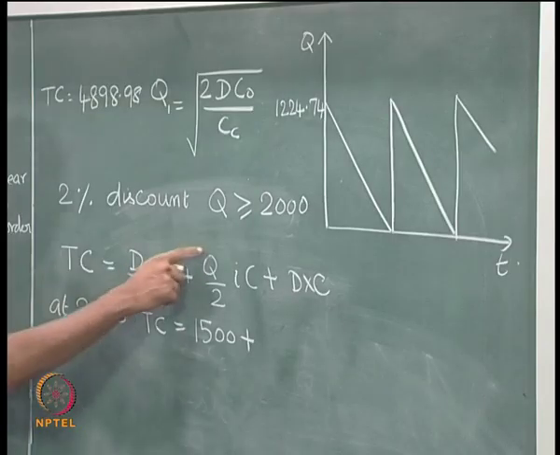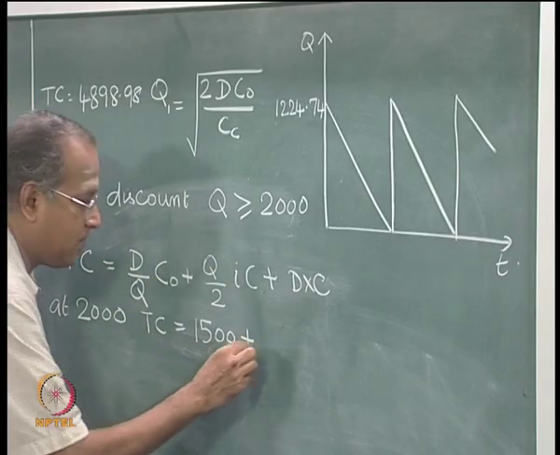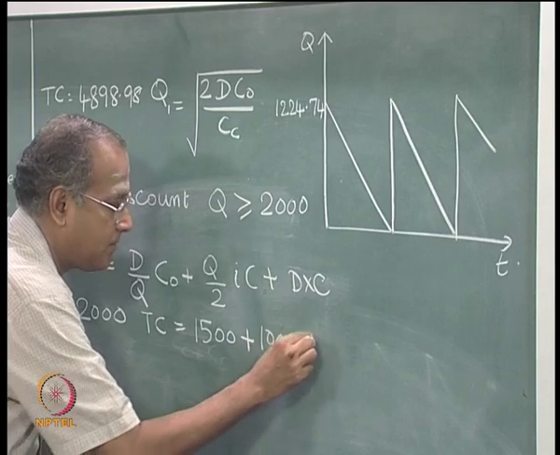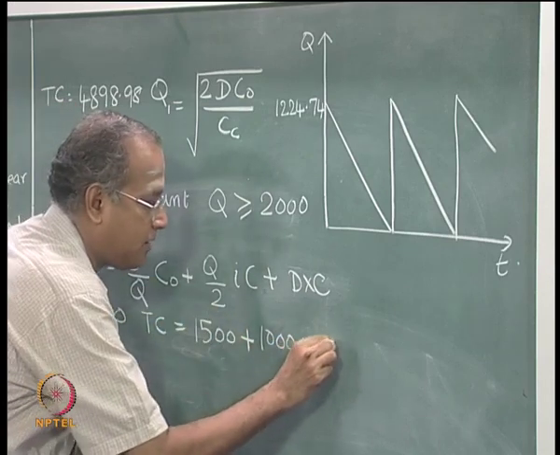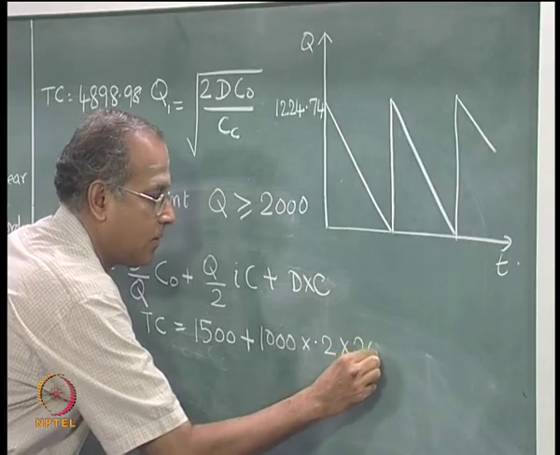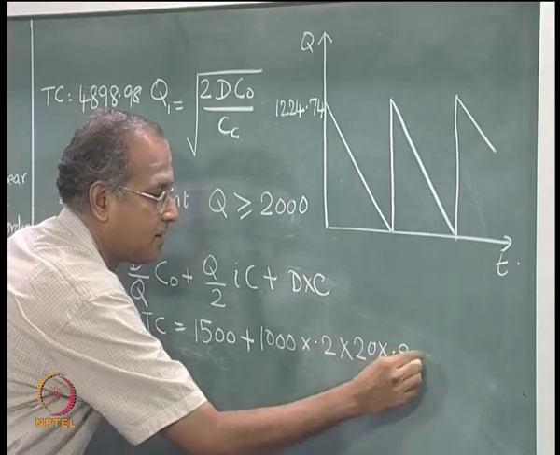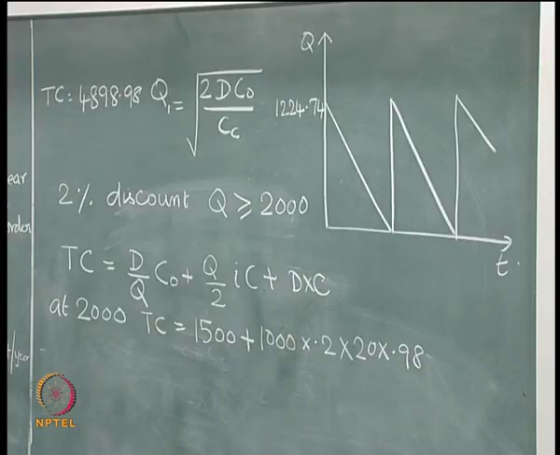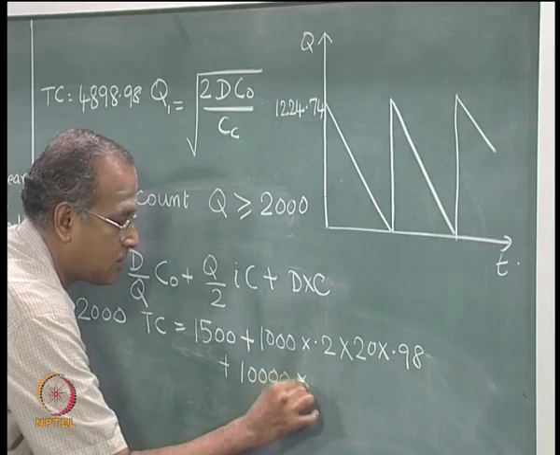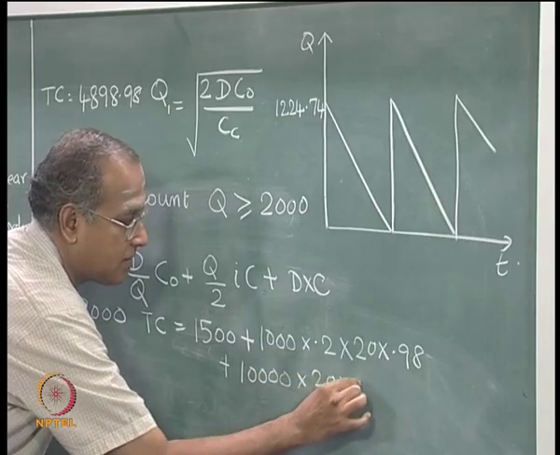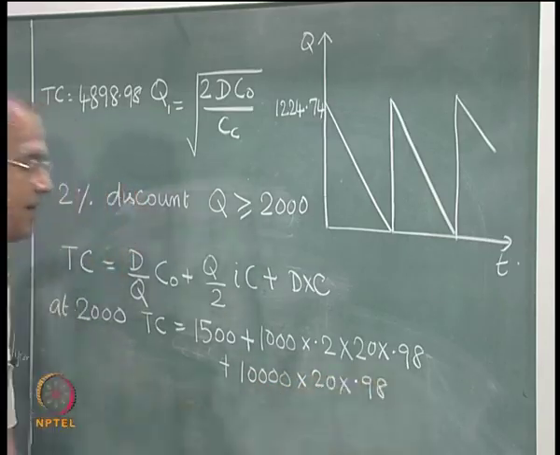Therefore, Q by 2 into I into C will become 1000 into 0.2 into 20 into 0.98, plus D into C, which is 10,000 into 20 into 0.98.